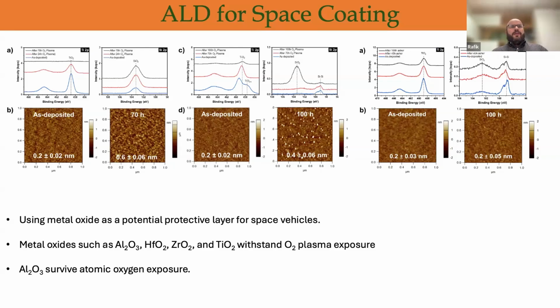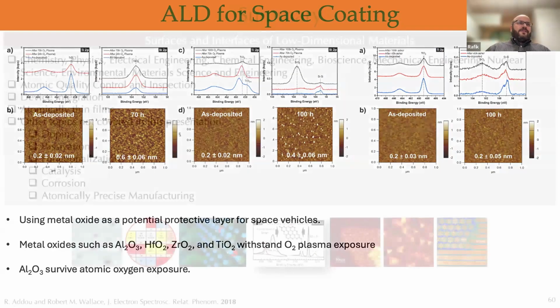For that, I'm developing a kind of metal oxide to coat satellites that will withstand atomic oxygen and also reduce the drag. With this, the satellites can stay longer in low Earth orbit.